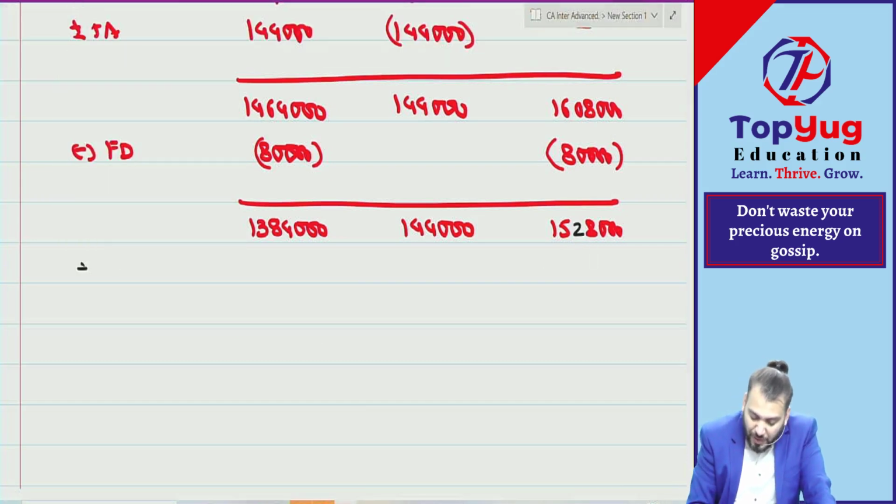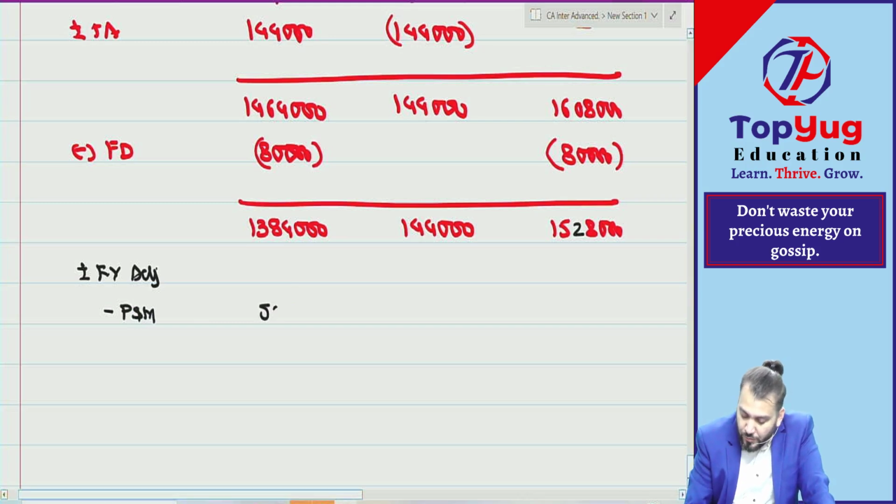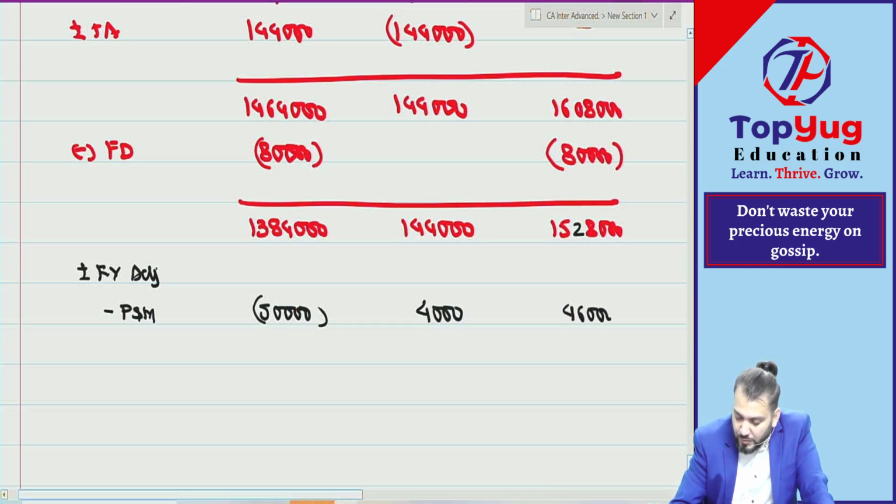Then we'll do plus minus what? Fair value adjustment. On which asset? Plant and machinery. So how much decrease? 50,000 decrease. How much saving in depreciation? 4,000. It becomes 46,000.